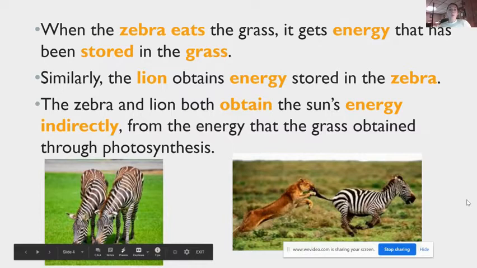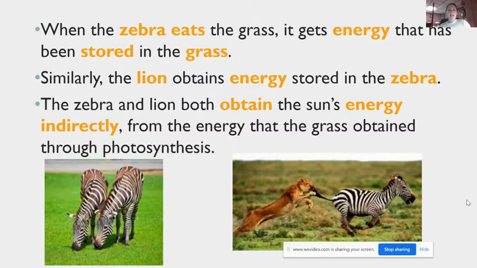So then when a zebra eats the grass, it gets the energy that has been stored in the grass. The chloroplasts in that grass have converted the materials that it needed and made it into food, made it into that energy. And then as the zebra eats it, it gets those nutrients from the grass, but that also means it's getting that energy from the grass as well.